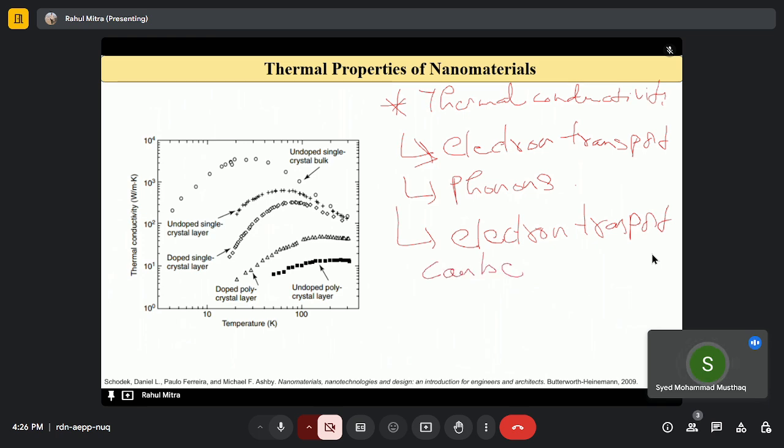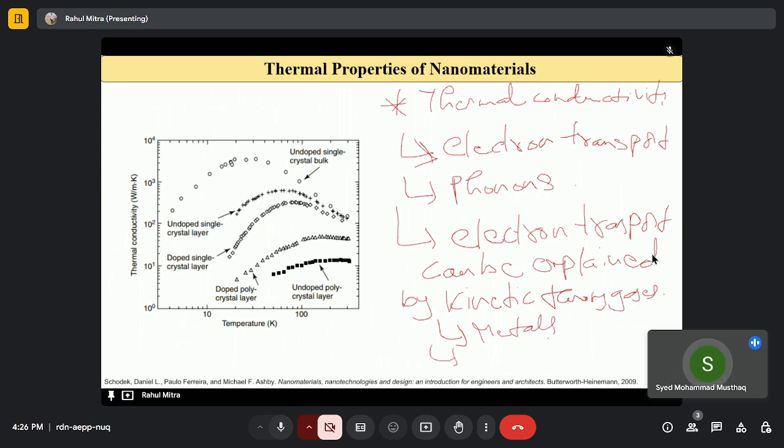Electron transport can be explained by kinetic theory of gases, if you are talking about metals, and if you are talking about semiconductors, it will change. Now, this is for electrons.